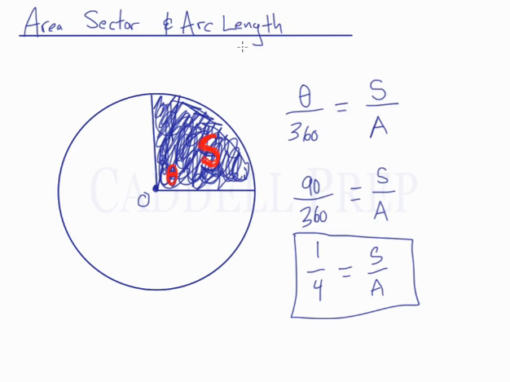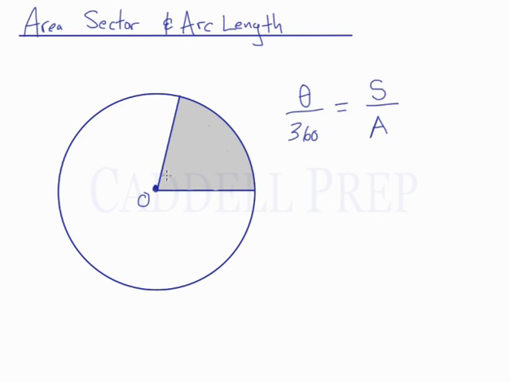So let's do a real example. So let's say this angle here is 40, and this radius is 6. So from our formula, we'll have 40 over 360 equals S over the total area.